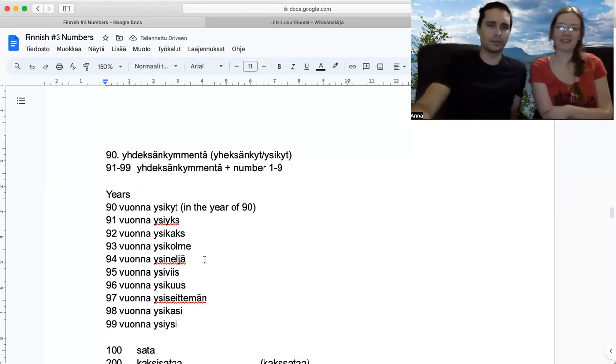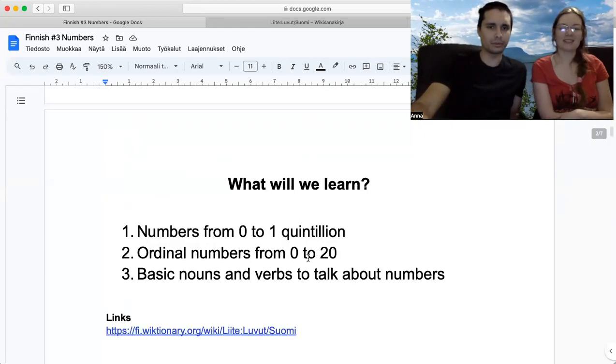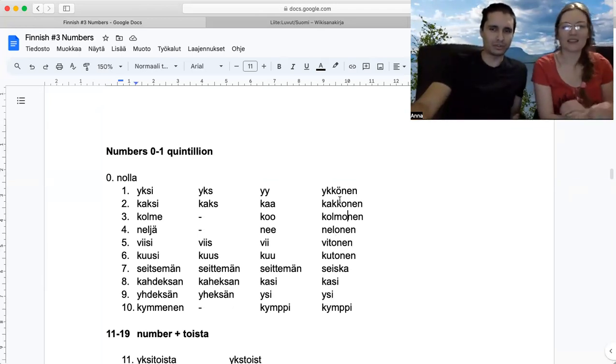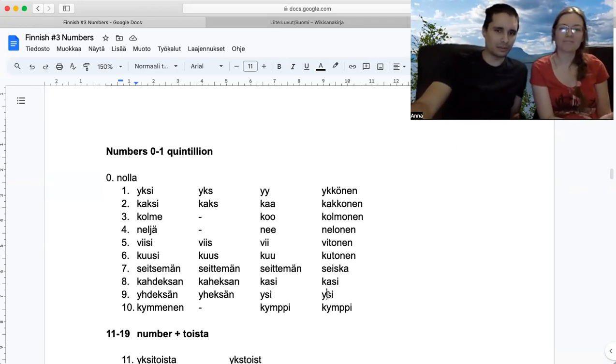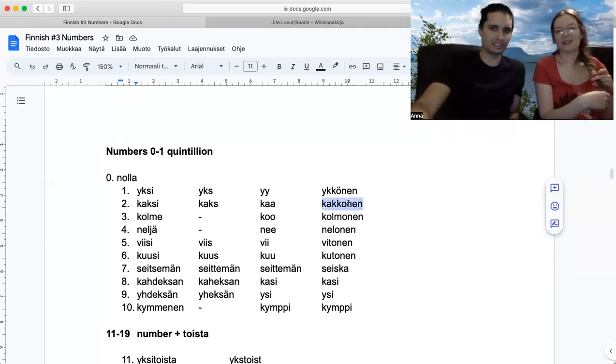So these are a combination, you see, like 82. With the years, it's a combination of this and this column.